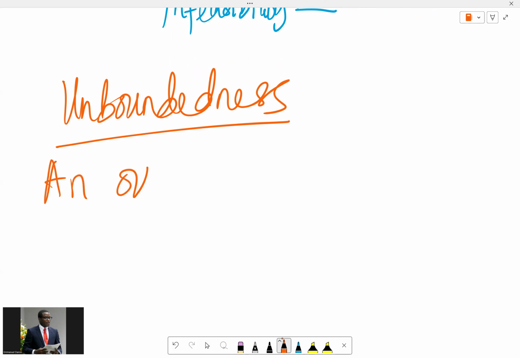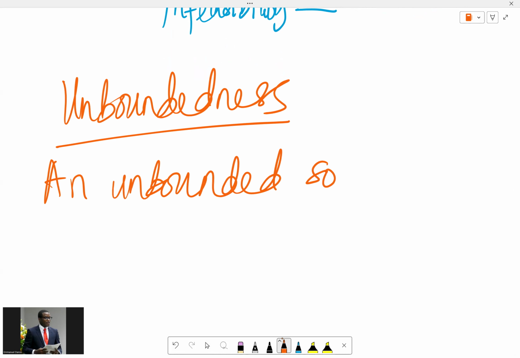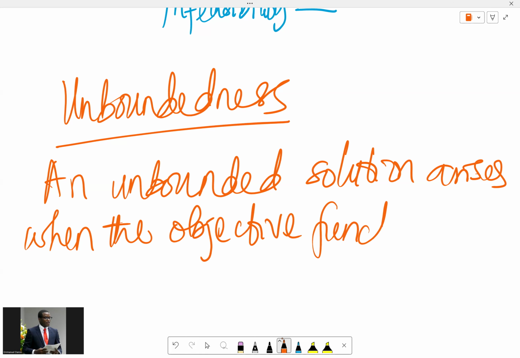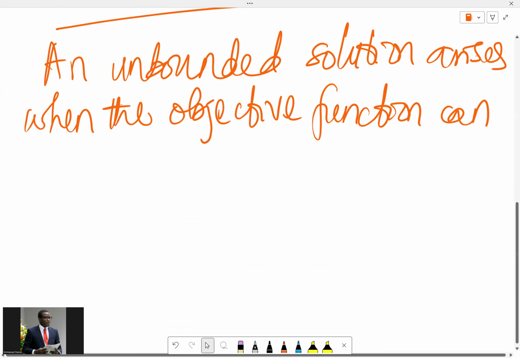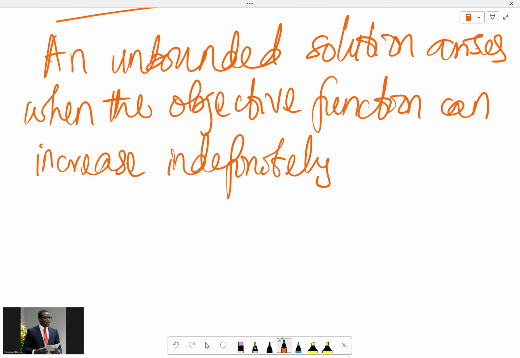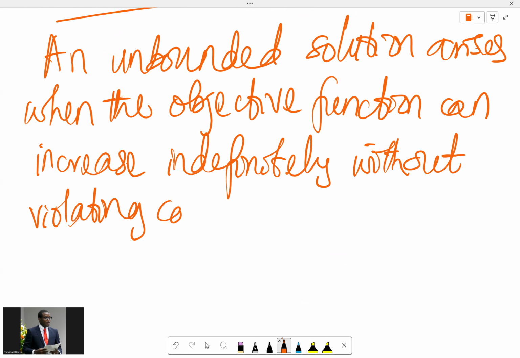An unbounded solution arises when the objective function can increase indefinitely without violating any constraints.